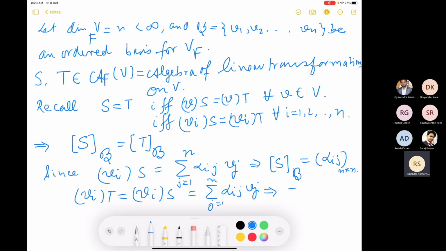That means the matrix of T with respect to the ordered basis B is also alpha ij. Each entry is equal, so the matrices will be equal, and this is if and only if. If the matrix of S is alpha ij, the matrix of T also will turn out to be alpha ij.